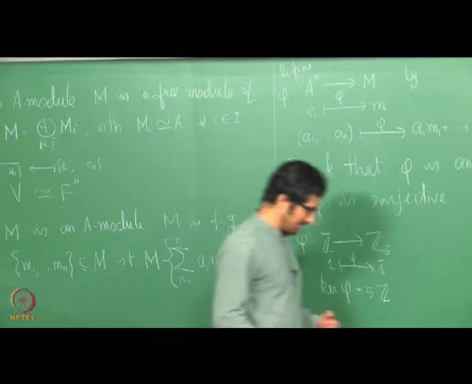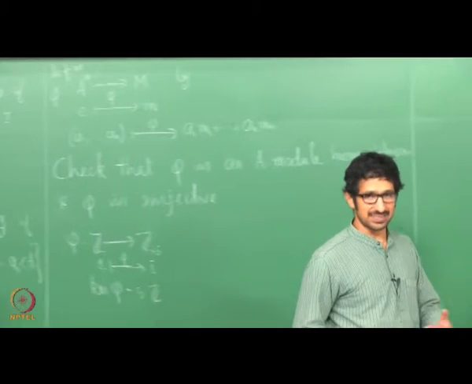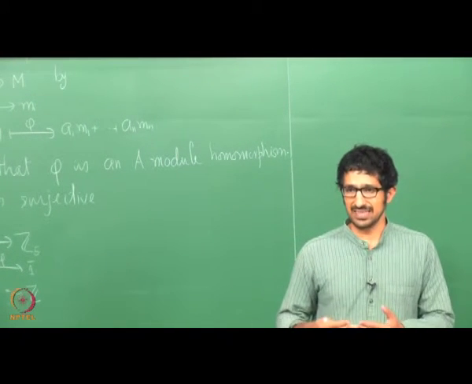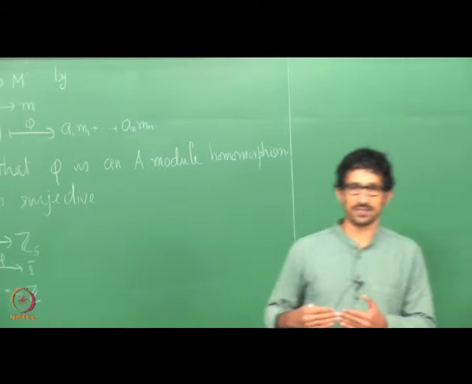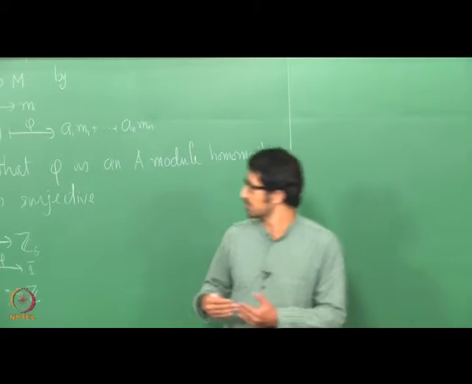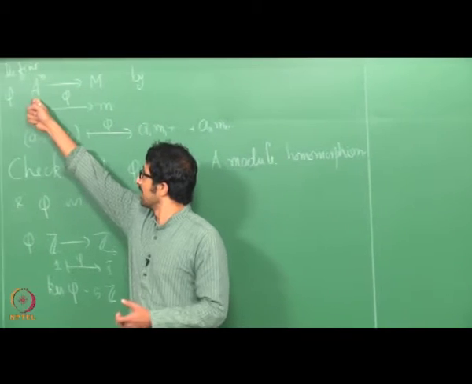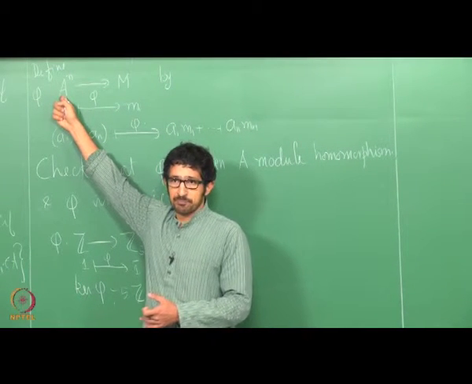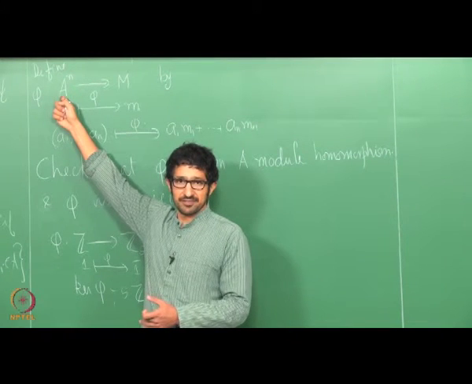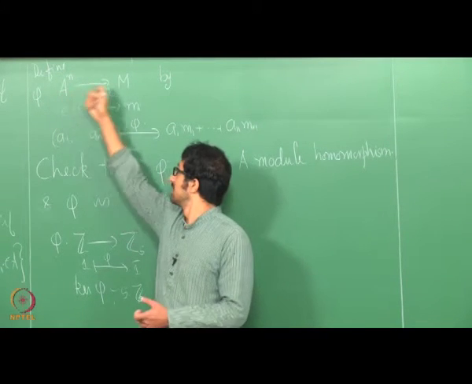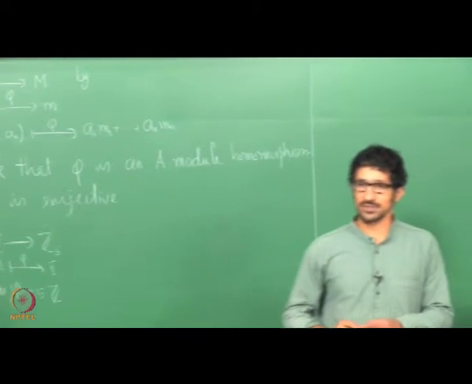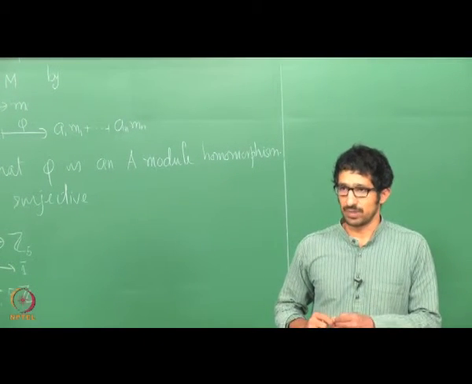But what we can say is that if M is finitely generated, there exists an A module homomorphism from An to M, a finitely generated free module, and there exists an onto homomorphism from An to M.